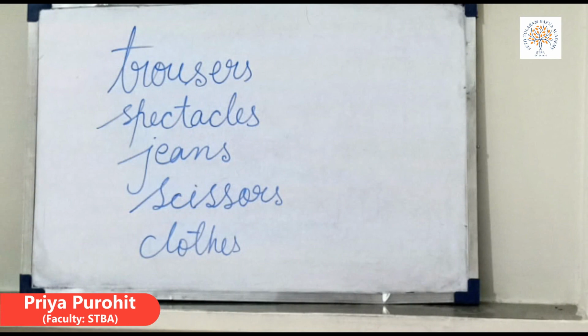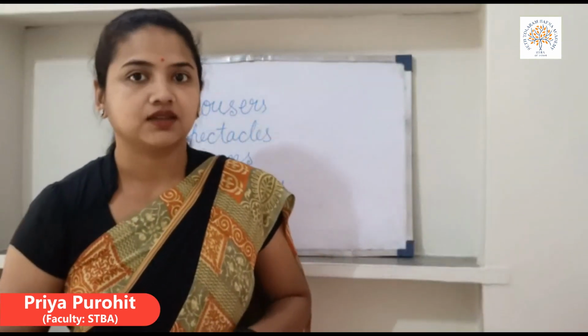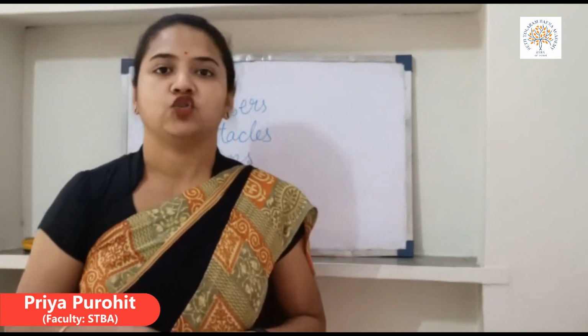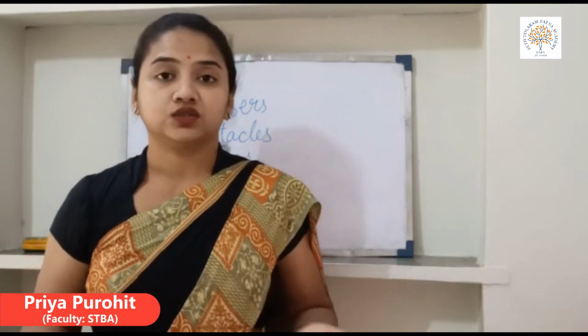You all know there are two parts, so we call it trousers. Spectacles, your specs, having two parts, that's why spectacles. Jeans, you all know about that. Scissors, there are two parts of scissors we are using. And clothes. Is that clear?